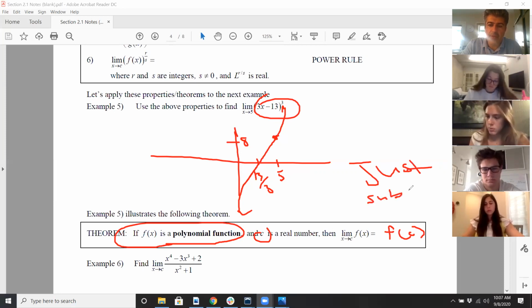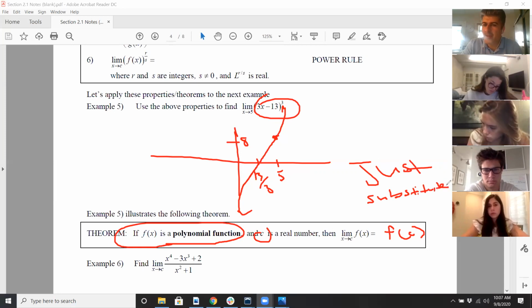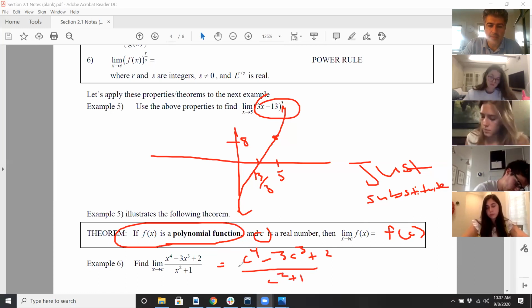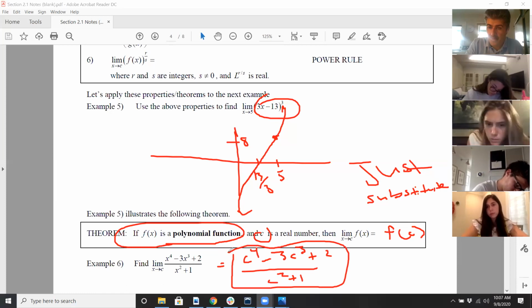So those properties, no one really uses them. I mean, you don't really show it. It's kind of mundane, to be honest with you. Just plug it in. So like here, just plug in c. c to the 4 minus 3c cubed plus 2 over c squared plus 1, call it a day. That's all you're doing.